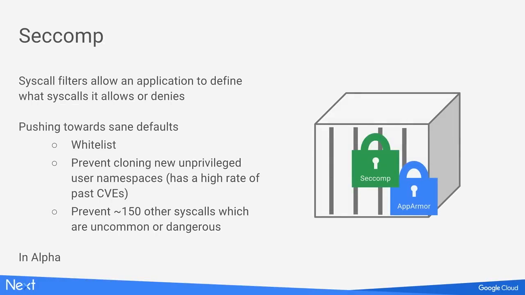So moving on, another one of these is Seccomp. Seccomp gives you more leverage over all of the syscalls. With AppArmor, you could do a few like mount, but with Seccomp, you can define a whitelist or a blacklist of syscalls that your application is going to use. In Docker, there is a whitelist, and it has some really sane defaults.